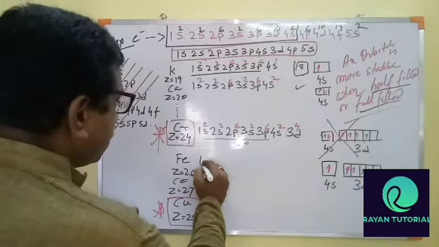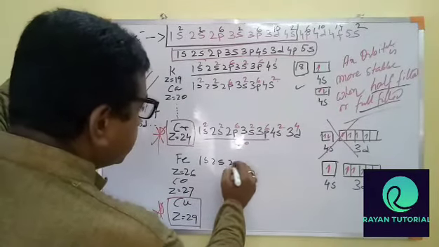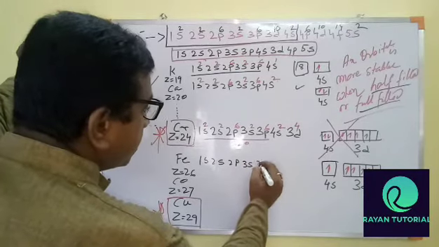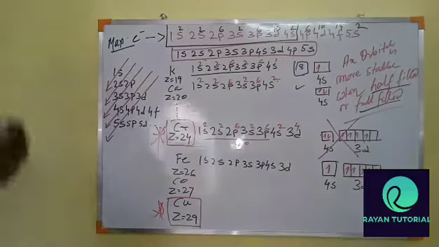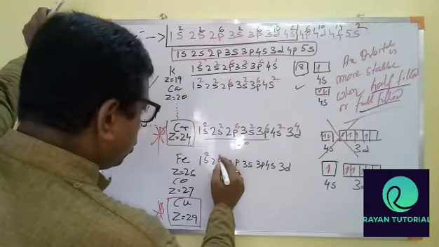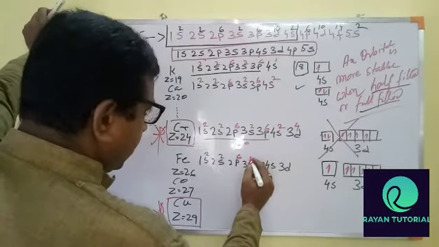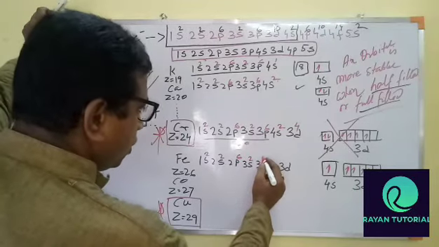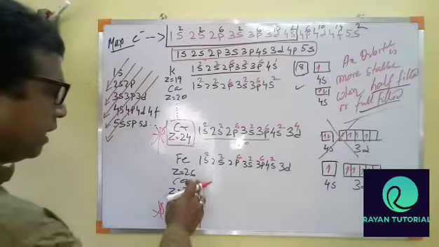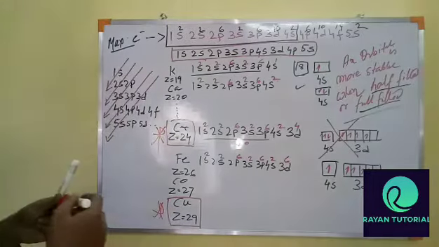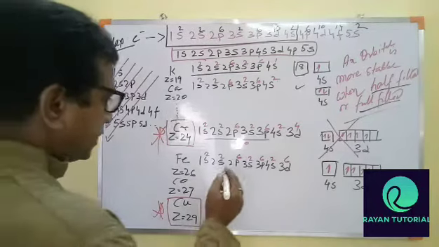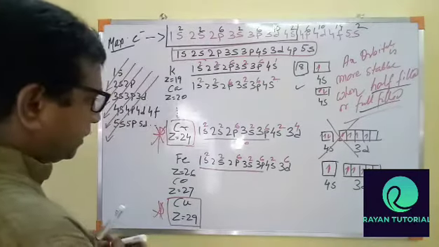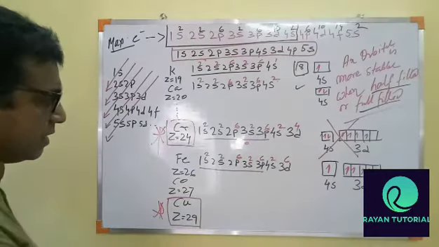Iron, same thing: 1s, 2s, 2p, 3s, 3p, 4s, 3D. So here 2, 2, 6, 12, 18, 20, here 6, here 6. So up to this 18 same, right? 2 to 4 same.